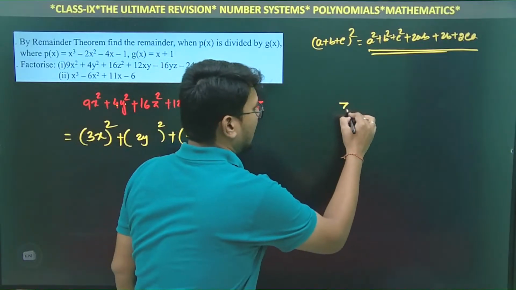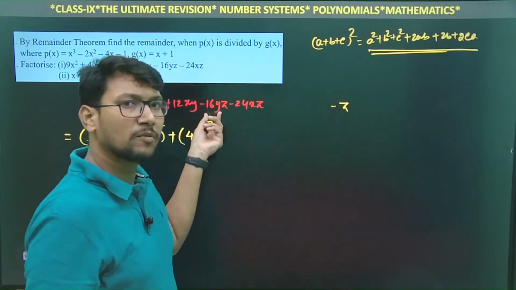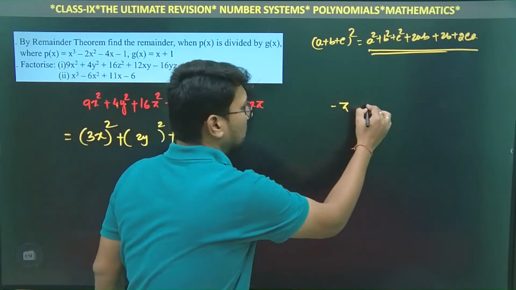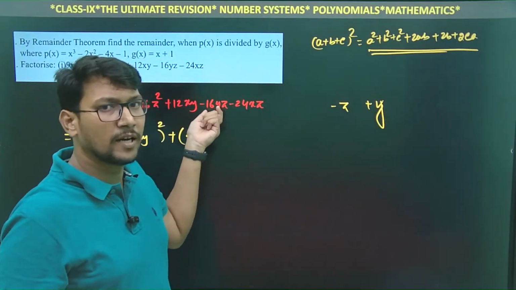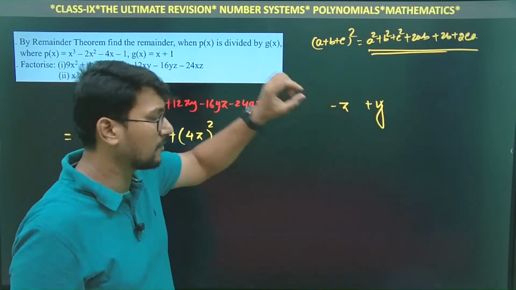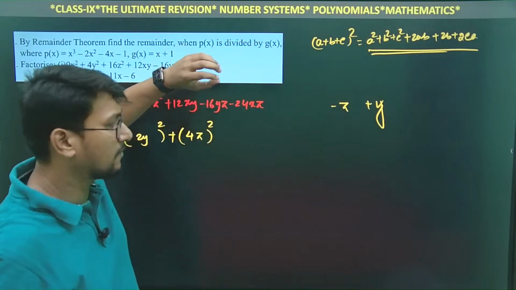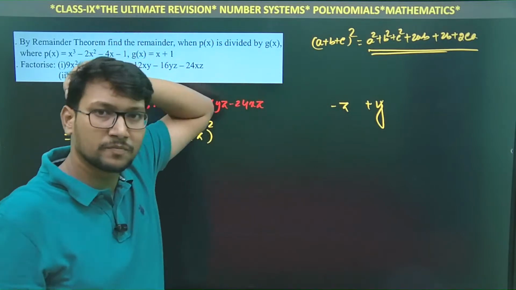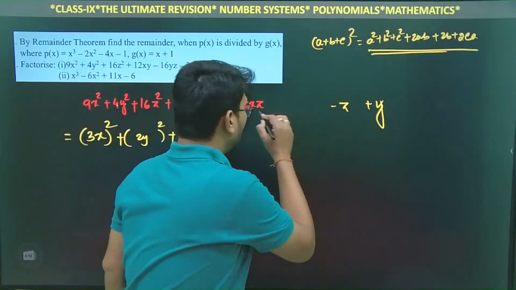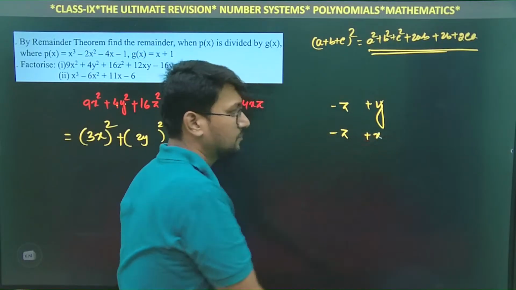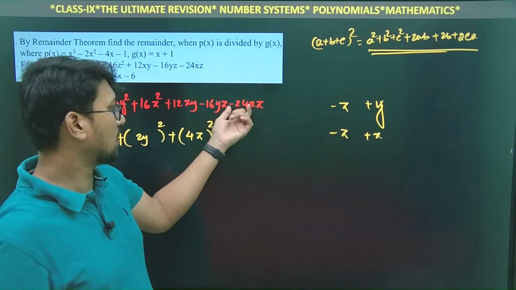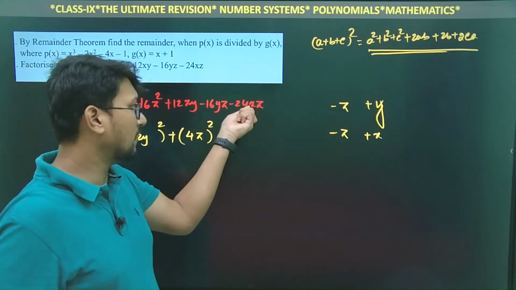If z is negative, then this term is definitely negative, y positive. Then this term definitely negative. Similarly, for this term, since we have taken z negative, x must be positive.